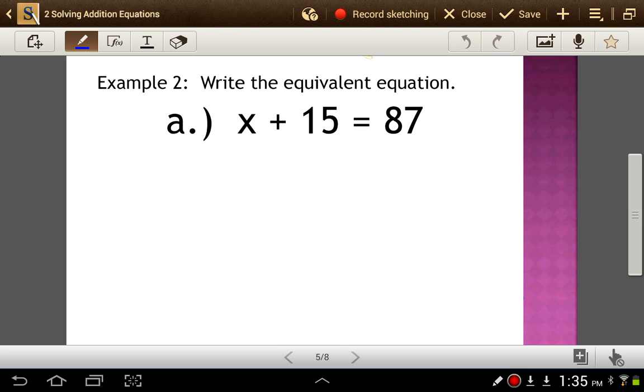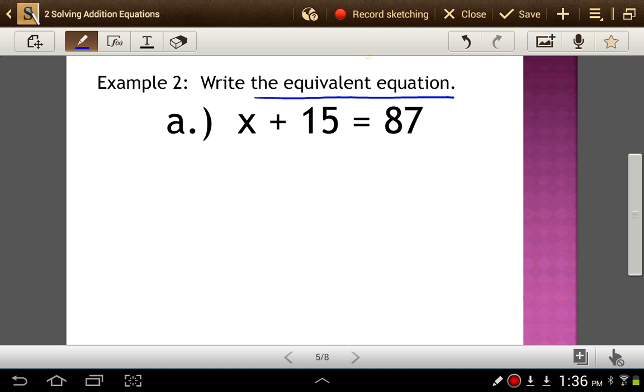In example 2, it says write the equivalent equation. When it says write the equivalent equation, what I want you to do is solve for it. What does x represent in this problem? It says x plus 15 equals 87. Here's how you have to show your work in class in order to get full credit. X is adding 15, so the inverse operation is to subtract 15 from both sides.